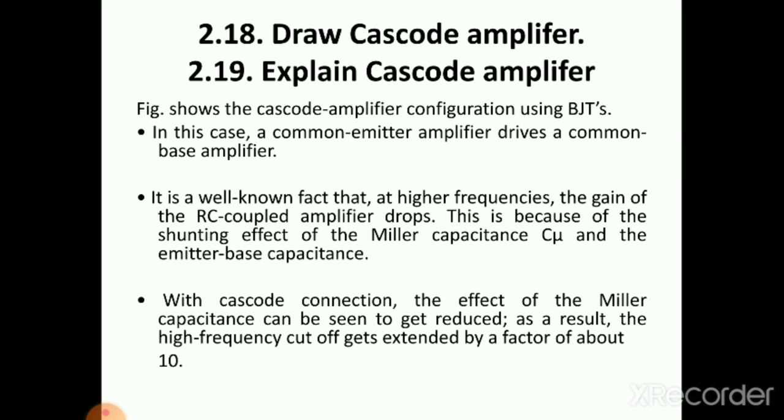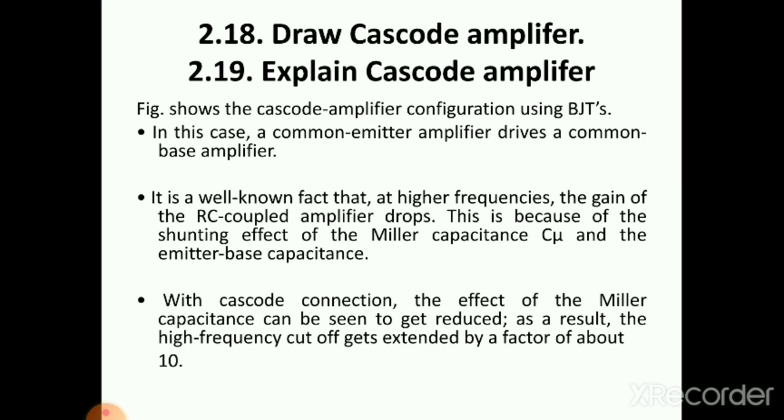It is a well known fact that at high frequencies the gain of the RC coupled amplifier drops. We know from the frequency response curve that at higher frequencies the gain of the RC coupled amplifier drops. This is because of the shunting effect of the Miller capacitance C mu and the emitter base capacitance C pi.